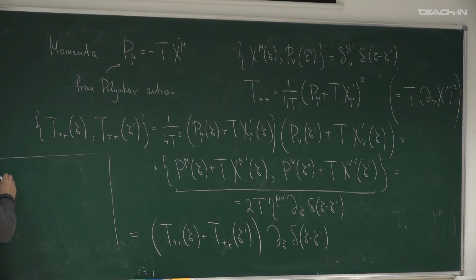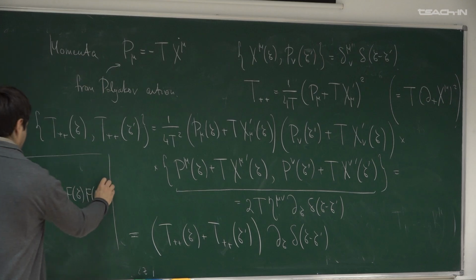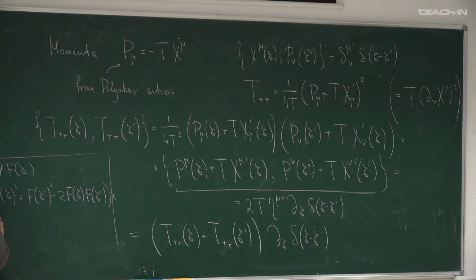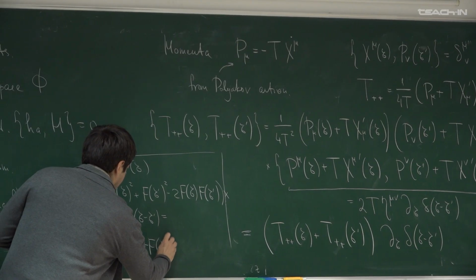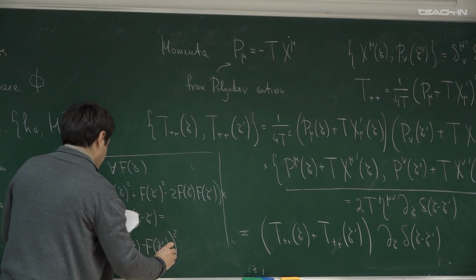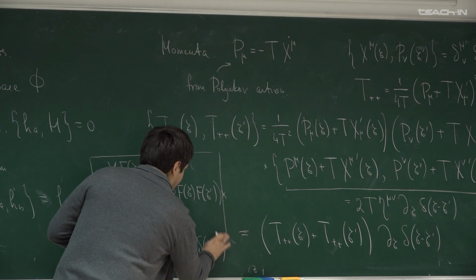For any function f(σ), we have (f(σ) − f(σ'))² times the derivative of the delta function δ'(σ − σ'), integrated over σ, and this is 0.